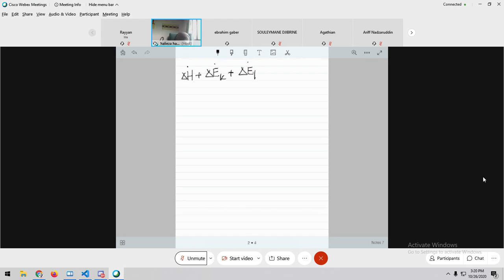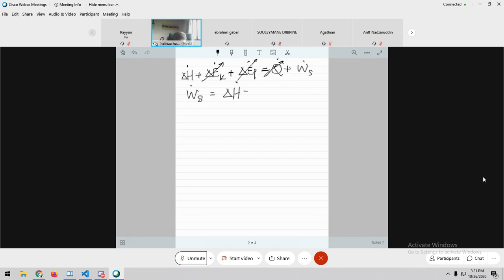You don't need to use your textbook to check this equation because we have repeated it so many times. Kinetic energy we ignore, potential energy we ignore, we say it's adiabatic, so Q equals 0. So we end up with the final equation of work equal to the difference in the enthalpy.